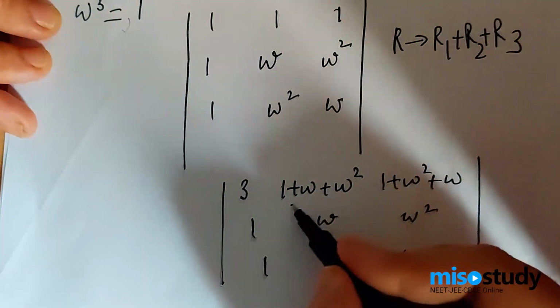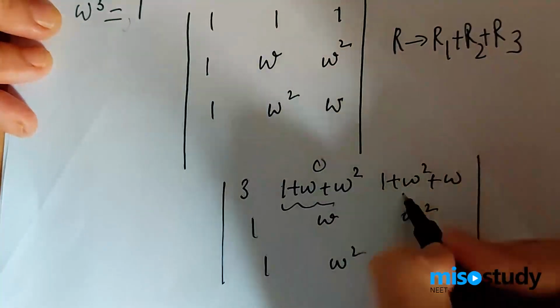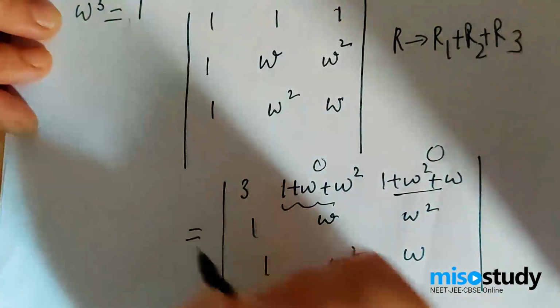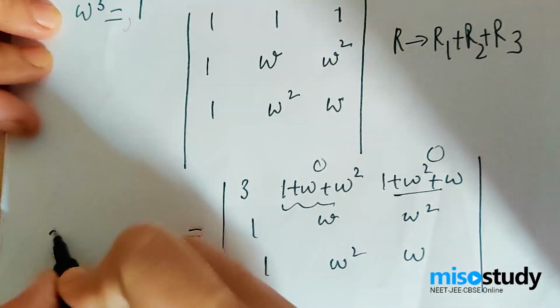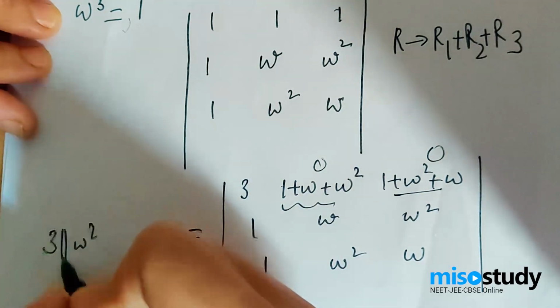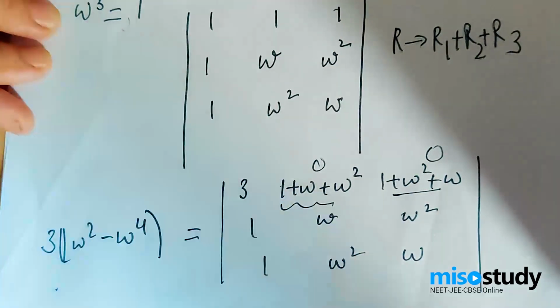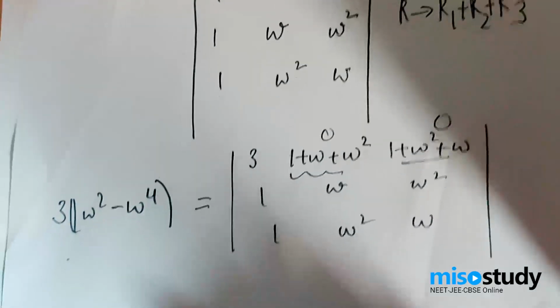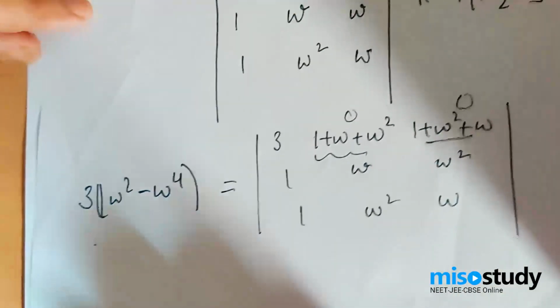Now, as we know from the result, this is 0, this is 0. So once I expand it, I am only left with 3 omega square minus omega 4. Right or wrong? Alright, let's move further now.